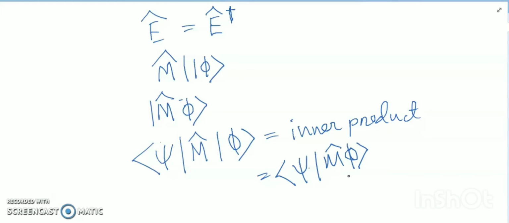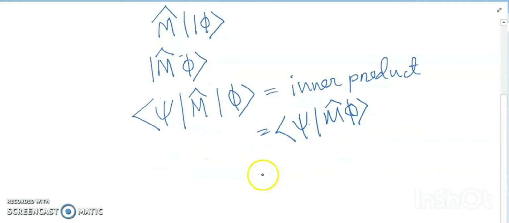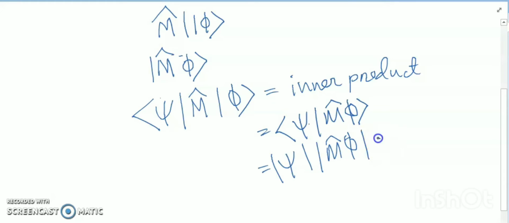Say we have this inner product. Remember that the inner product is basically the dot product, so let's rely on that for some intuition. This can be written as the following expression with cos theta.